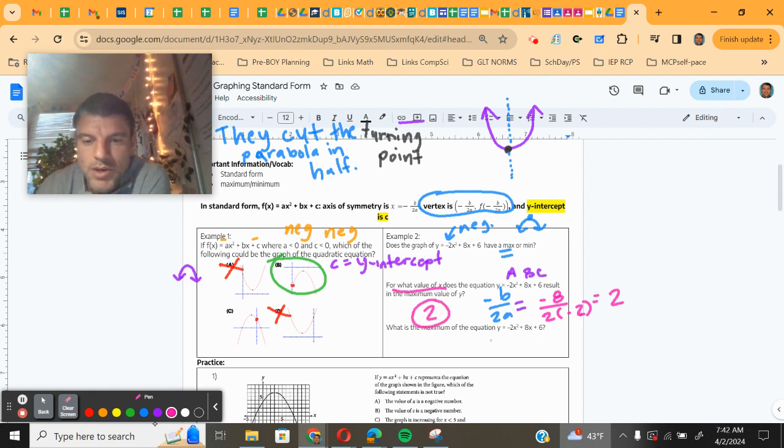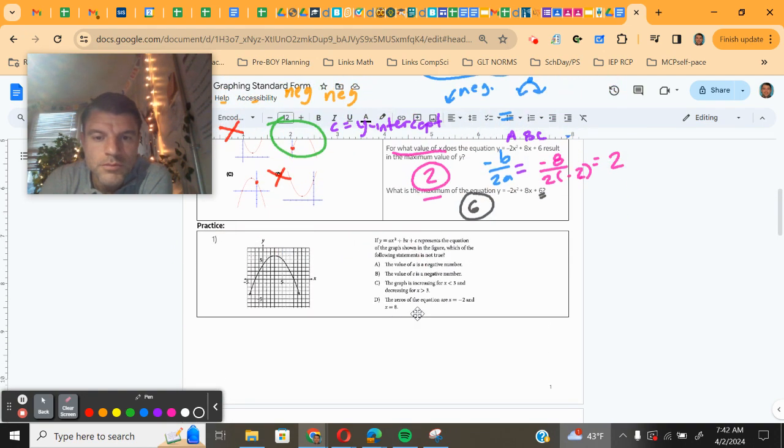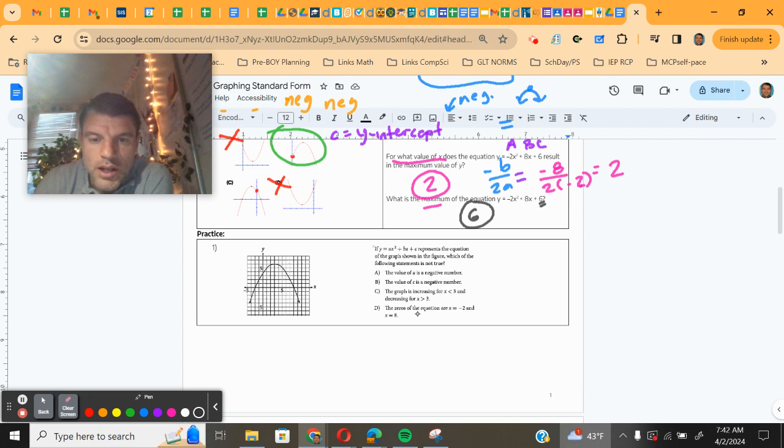What is the maximum of the equation? Well, the maximum is just going to be your highest point, which is going to be the y value of that vertex. And the answer right there is 6. If we look at the next problem: if ax squared plus bx plus c represents the equation, what is not true?